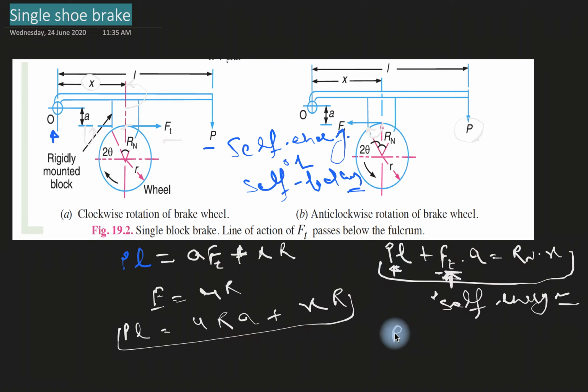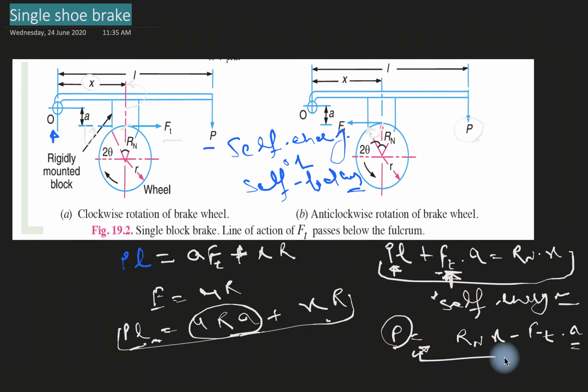So P is equal to Rn into X minus Ft into A, so I have to apply less force here. This will be called self-energizing. And if the moment is opposing the applied force, it needs more force. So the brake can be either self-energizing or self-locking.